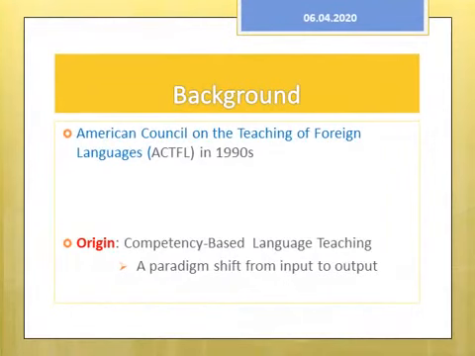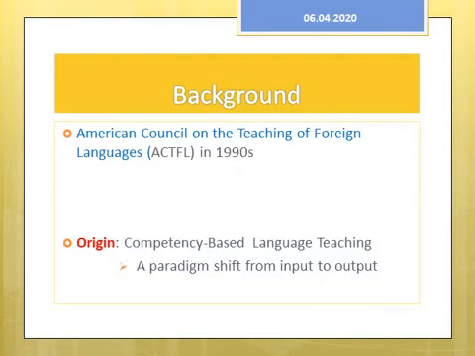Generally speaking, the standards-based language teaching originated from the competency-based language teaching. It represents a paradigm shift in the history of language teaching methods because it has shifted the focus of education from the input to the output.